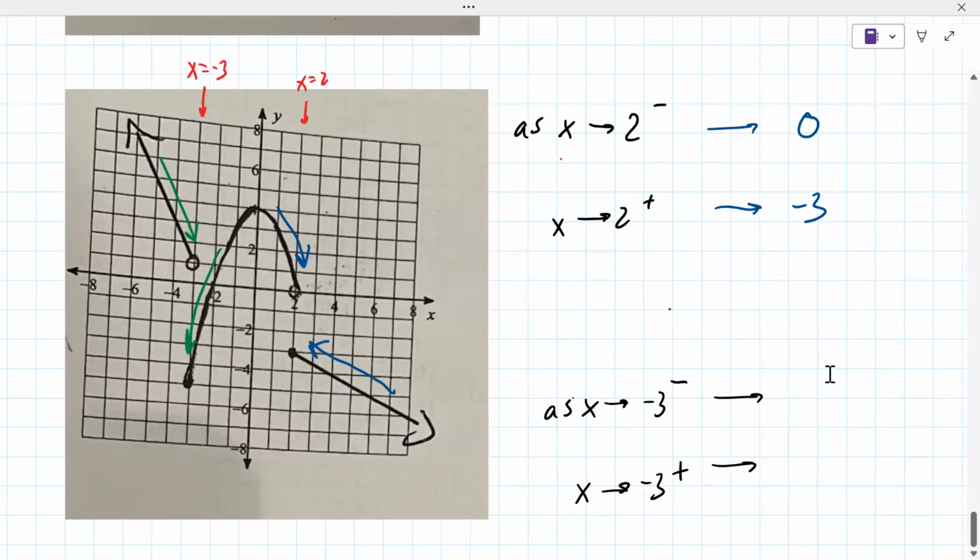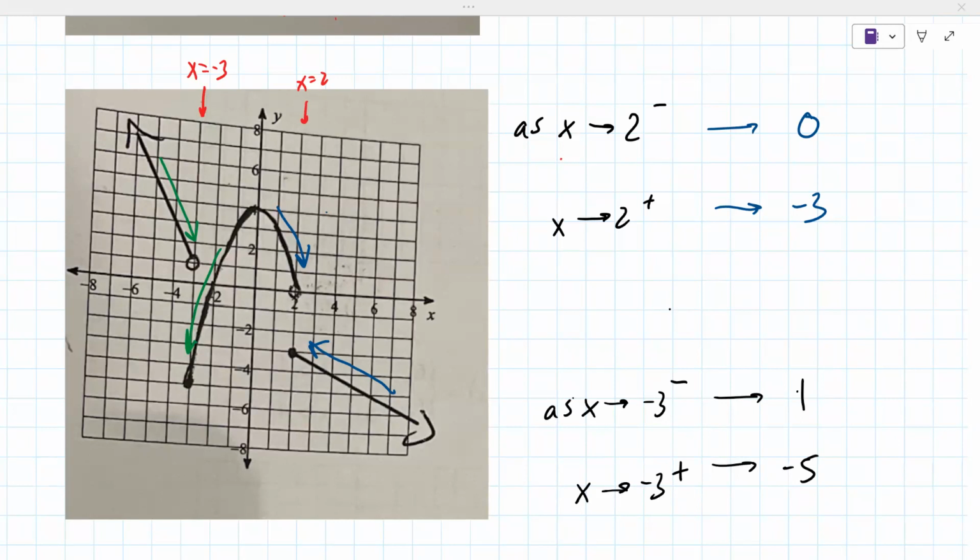The second number is always, always, always the y value. Okay, so from the left is just 1. Which one is it? You said from the left. Yeah, it is 1. Then from the right is -5. It is -5. Good.